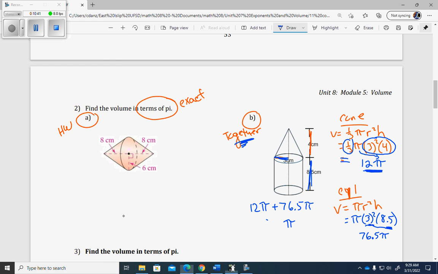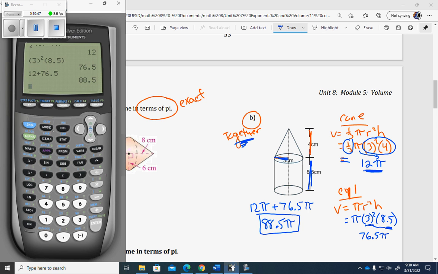So I get 88.5 pi. If I would have pushed the pi button on my screen, it would have given me a rounded answer. Because whenever I put pi next to a decimal that's entered in a calculator, remember the calculator automatically rounds it.